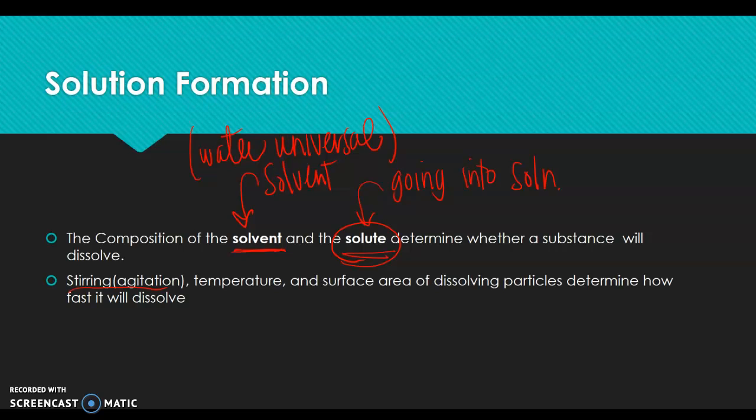Temperature: we can increase temperature if we're making sweet tea. Generally, we add the sugar to the sweet tea when it is hot because an increase in temperature will cause the sugar to dissolve faster. And surface area, we talked about this in reaction rate. Granulated sugar is going to dissolve faster than sugar cubes, and that's dealing with surface area.